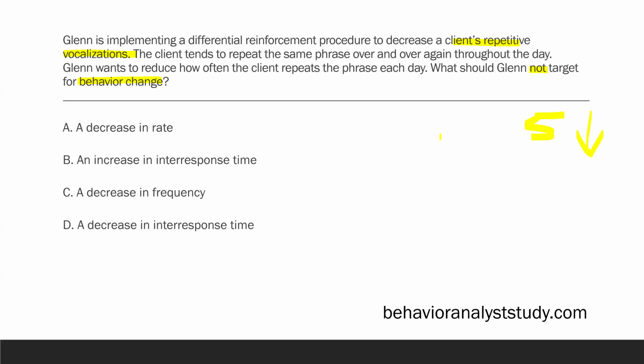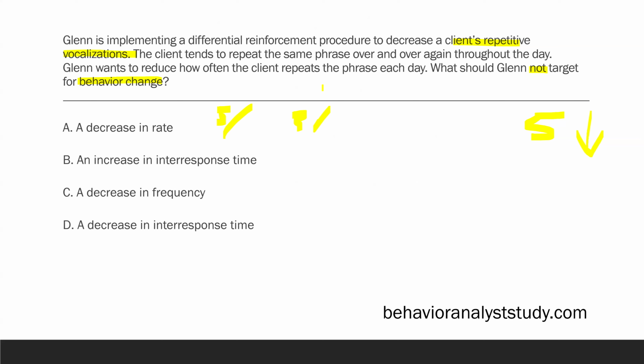They're repeating the same phrase over and over throughout the day. So if he wants to reduce how often that happens, 5 to whatever it may be, what should he not target? A, a decrease in rate. Well, if we go from 5 times a day to 3 times a day, that's a decrease in rate and a reduction in how often the phrase is said.